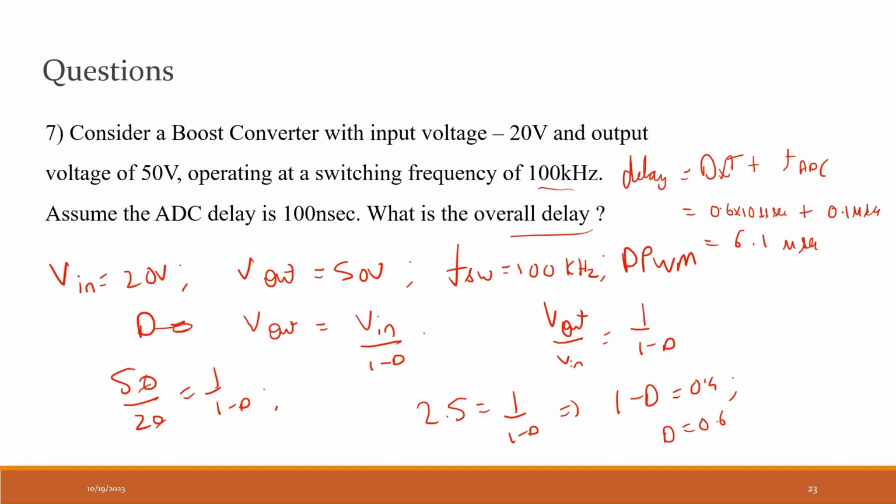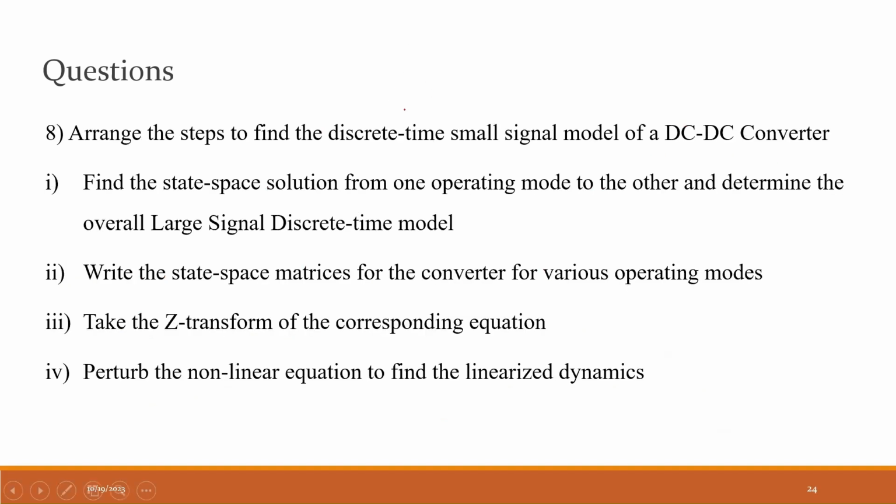When you find the transfer function for a digital pulse width modulator, you will get that delay, DT. This I think was taught in the second week.